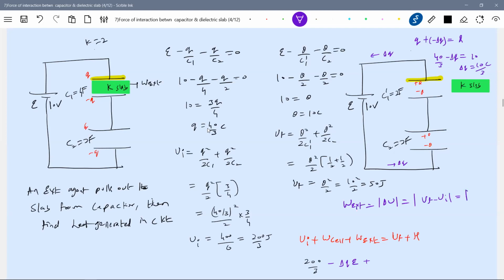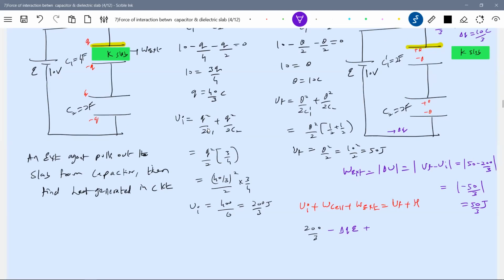UF is 50, that is 200 by 3. Delta U is 150 minus 50 by 3. So take it as 50 by 3. Now we'll bring all the things here.